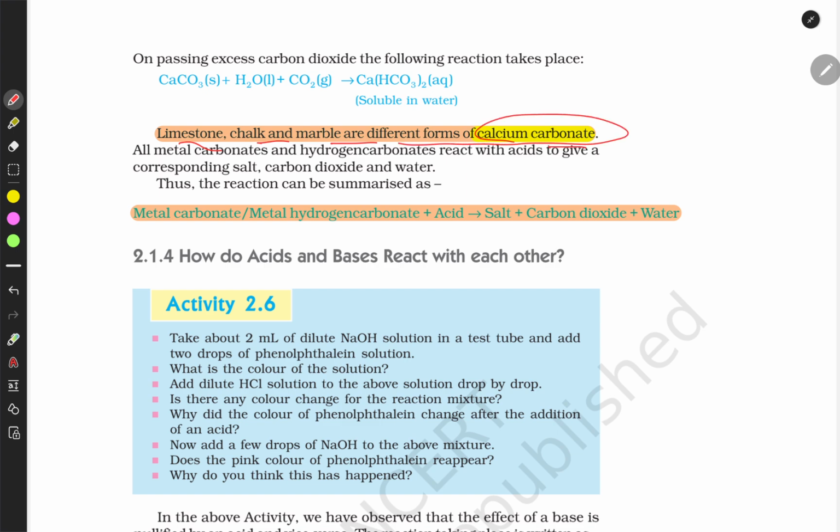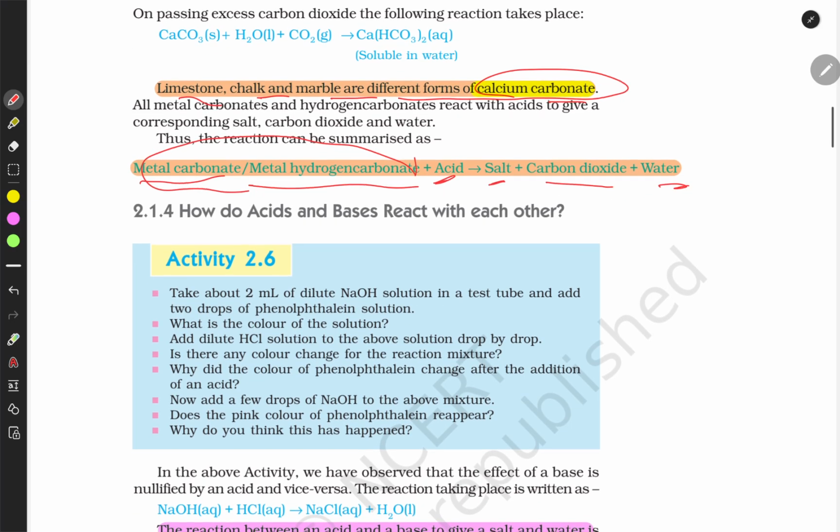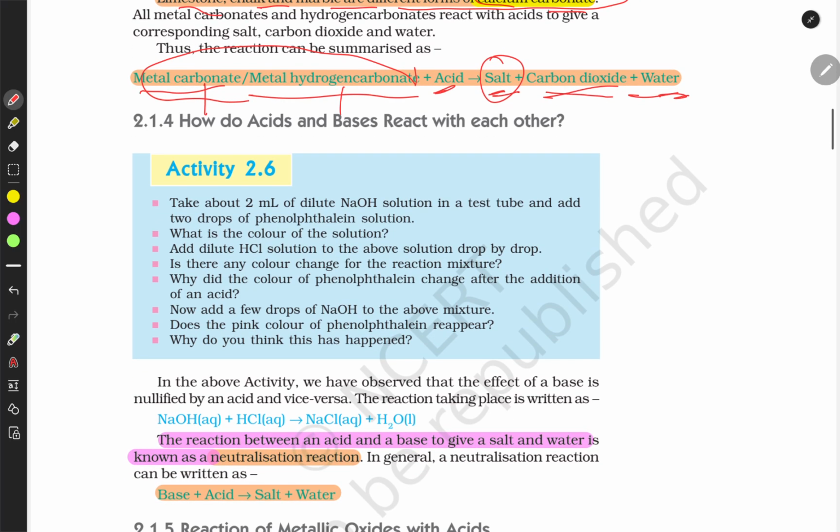What happens in this case? Metal carbonate and metal hydrogencarbonate, when reacting with acid, form salt, carbon dioxide, and water.